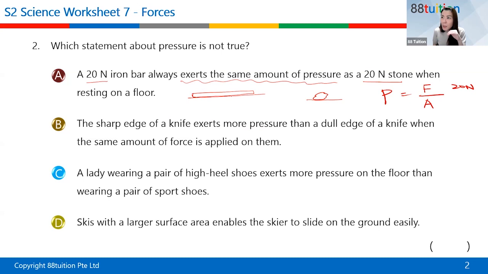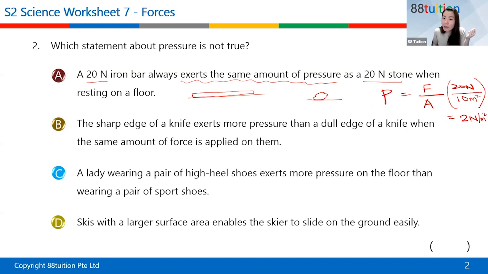If this is a very big area in contact, then the 20 newtons will be divided, let's say for the iron bar, by 10 meters squared. So the pressure will then be 2 Newton per meter square.